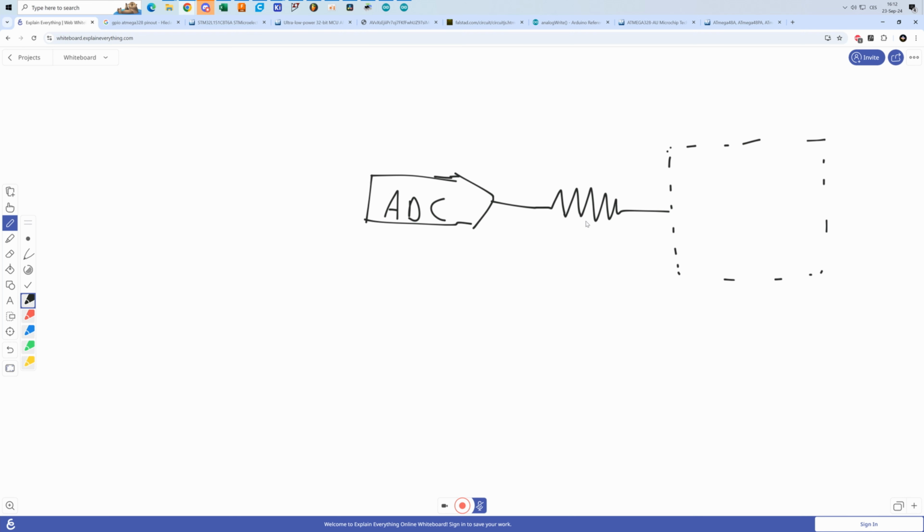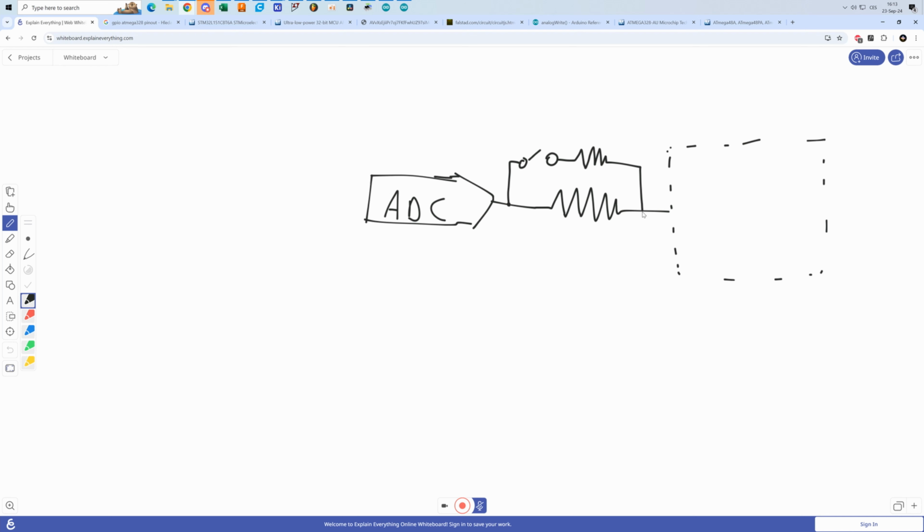But during the sampling time, most ADCs will actually, for a very brief moment, draw some current. And this current may not be that small. So you can basically imagine that there is a sort of switch over here and a lower resistance.